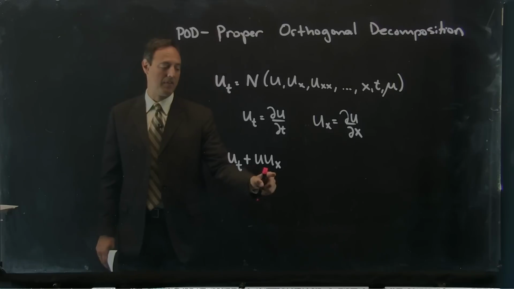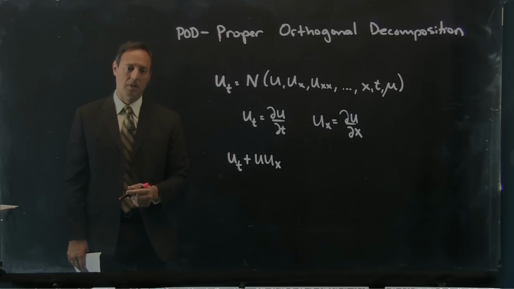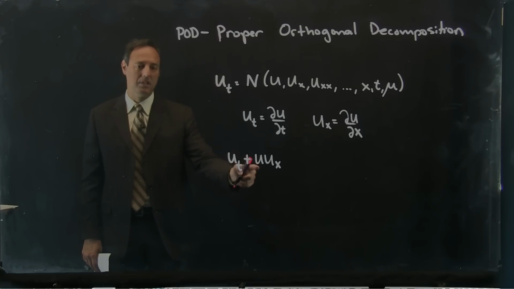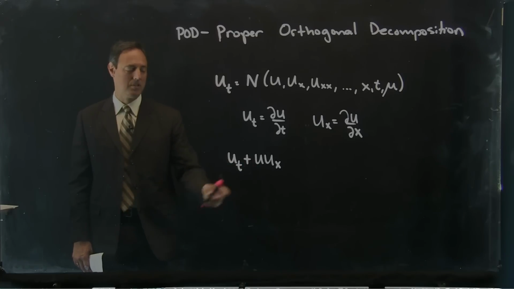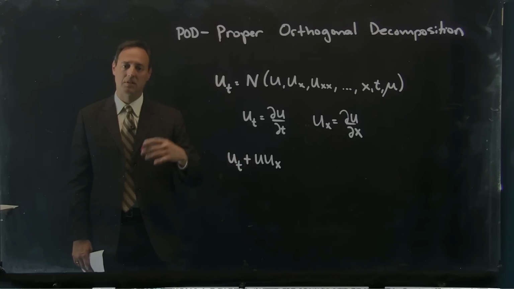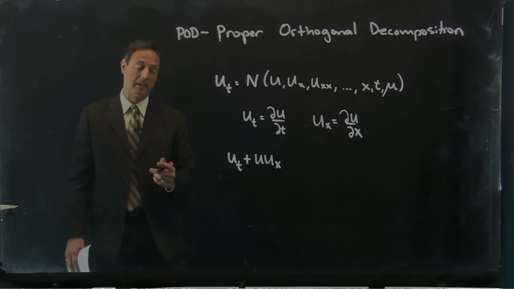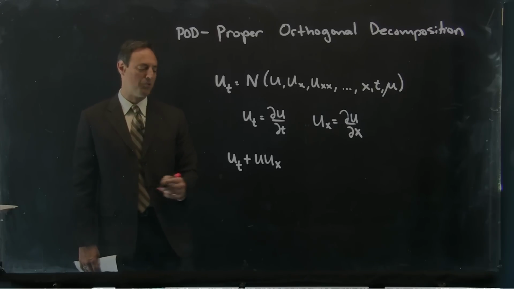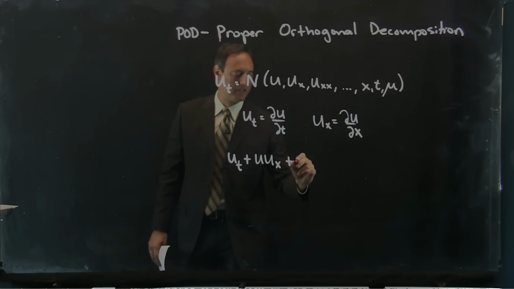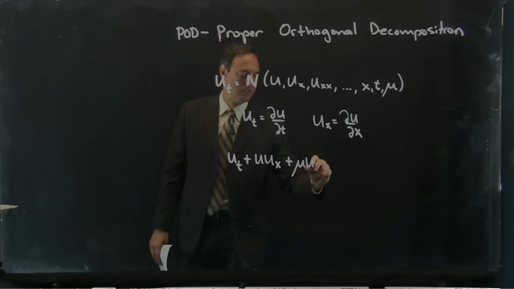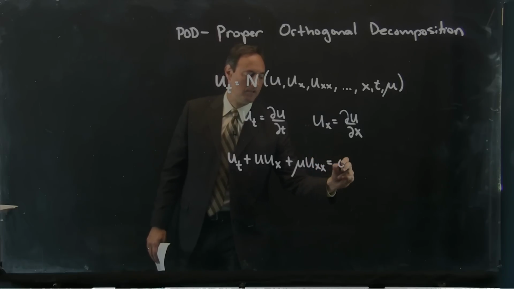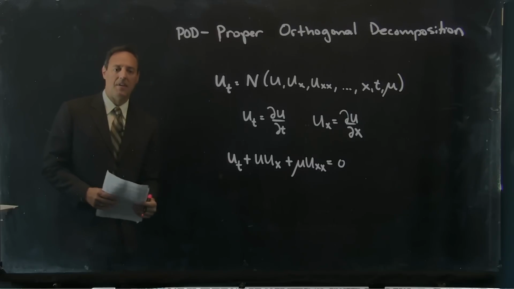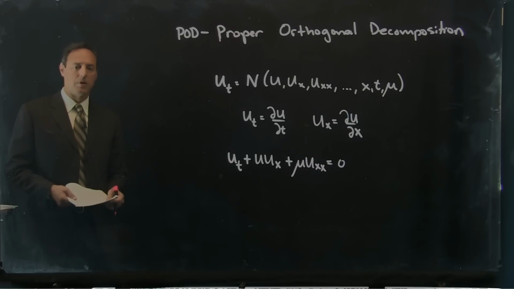But now what we have is sort of a Burgers type term where the speed depends upon the amplitude. What ends up happening with an equation like this is you get the formation of shocks. And oftentimes what people do is add something like a regularization term, and then now what you have here is Burgers equation.